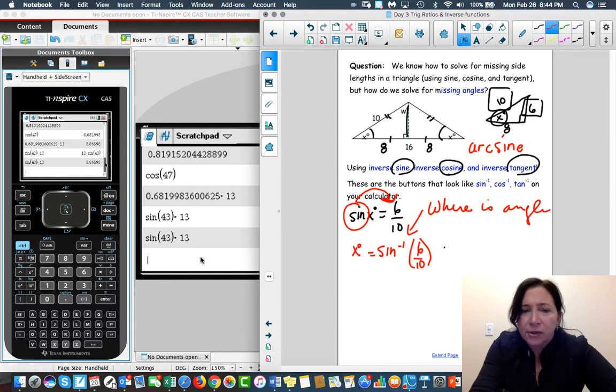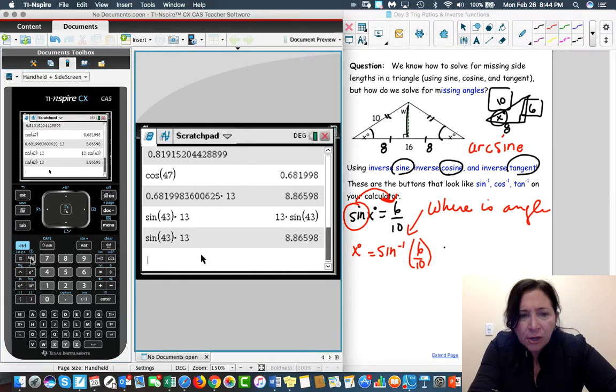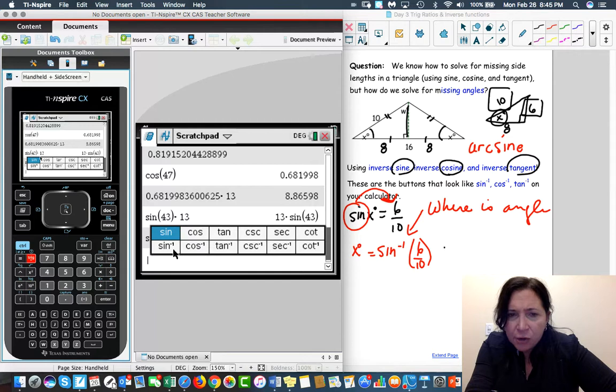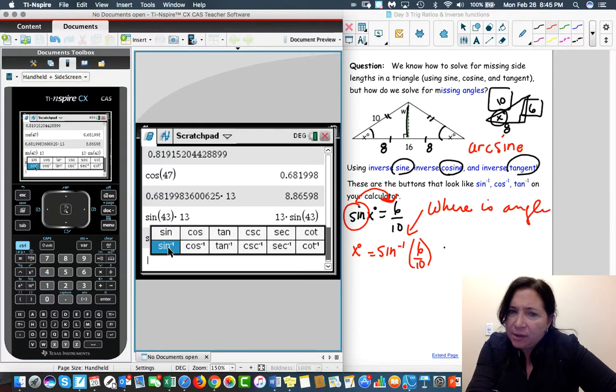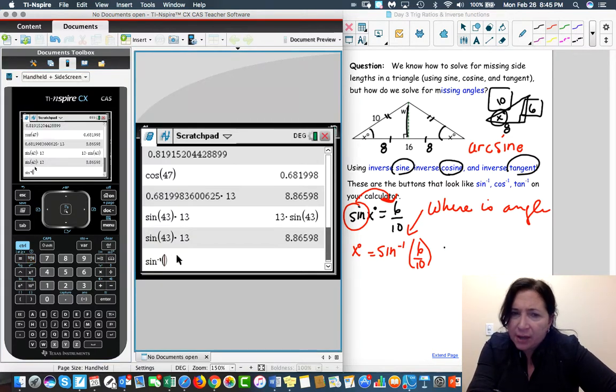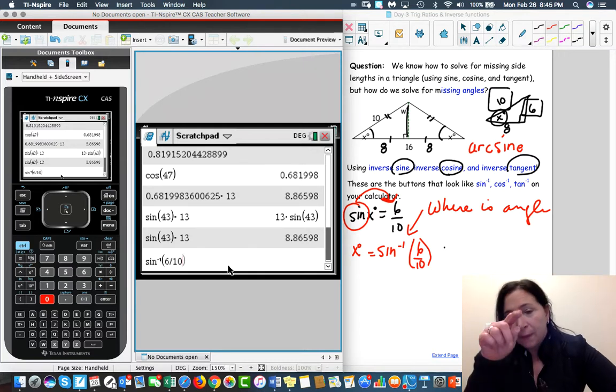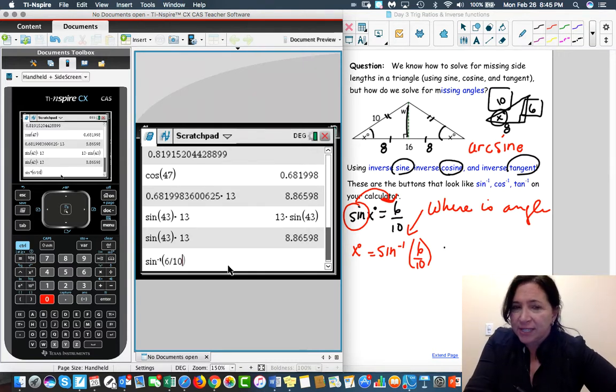On your calculator, you're going to go to where it says trig, and look for the arc sine. See that right there? Click on that. That's arc sine. You're going to type in 6 divided by 10, and it will just reduce for you, so you don't have to worry about that. What you do have to worry about is that neither one of those are decimals.